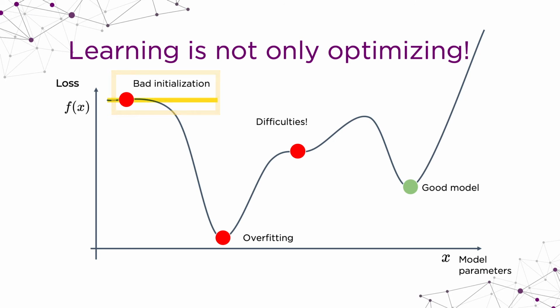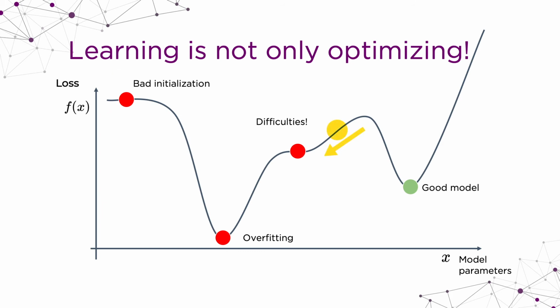So maybe I will land here. And with no gradient, I don't know if I should go to the right or the left, because there is no gradient at all. There is no direction that will tell me how I can change the parameters to improve my performance. So this point will be called a bad initialization, because the loss is high and I don't have a gradient.